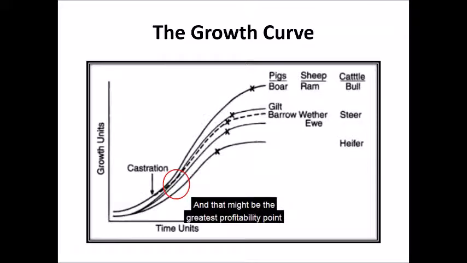And that might be the greatest profitability point in the entire growth curve, depending on inputs. If there's a market for those types of lambs, sometimes it makes a lot of sense to market them, even if it's as feeders to be finished. We've got to look at those price opportunities.